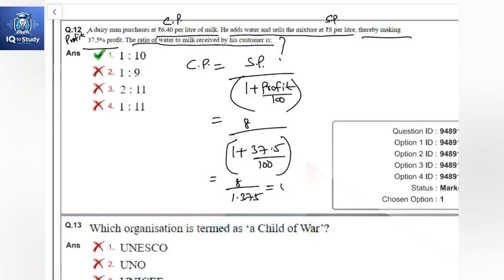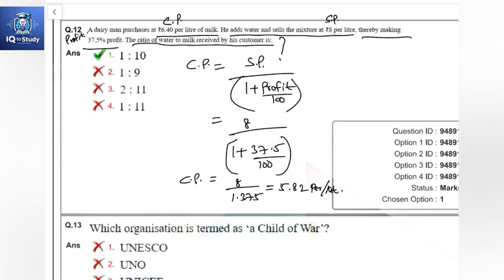Further, it implies 5.82 per litre. This is the cost price of the mixture.